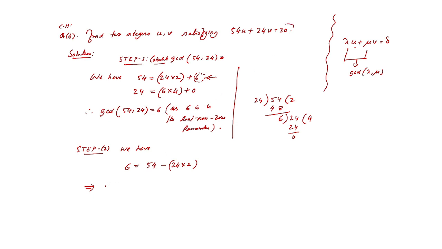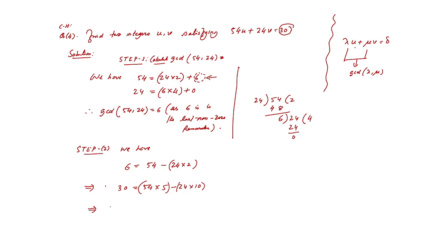On the right hand side, it is given 30. So I made it 30 by multiplying both sides by 5. So 6 into 5, that means 30 equals 54 into 5 minus 24 into 10. Just multiply both sides by 5 because I need 30 on the right side.